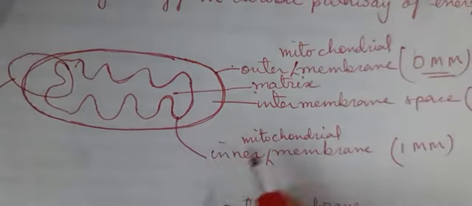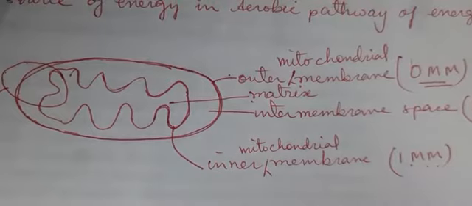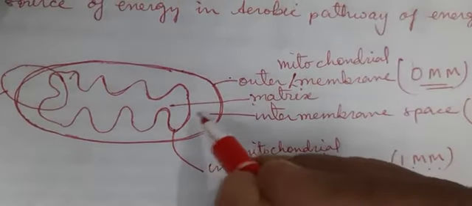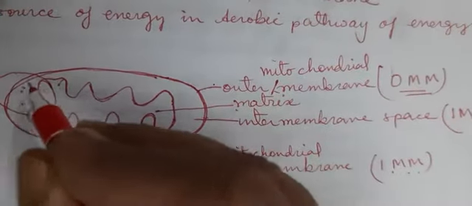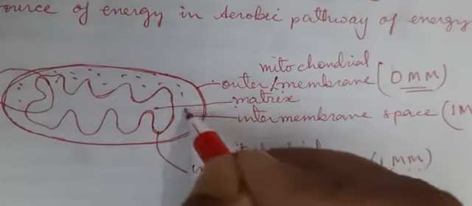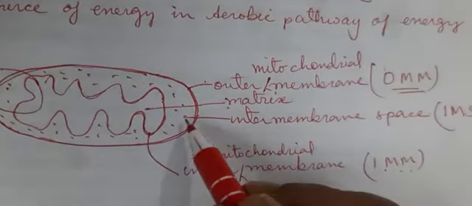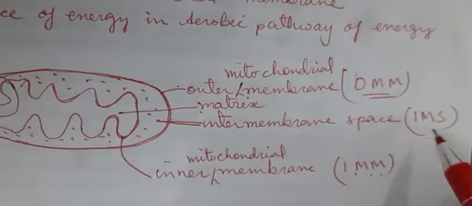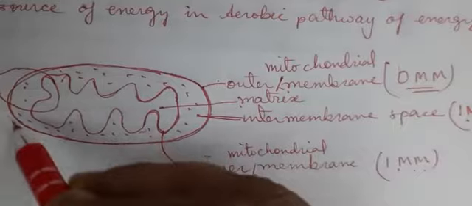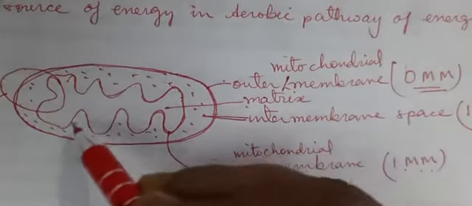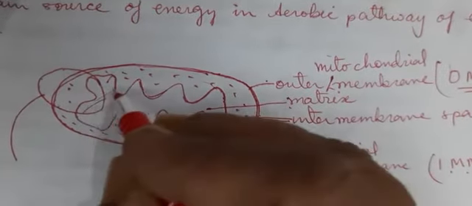This we will be labeling as the IMM. Then between these two, inner and outer membrane, there will be the space. This space is called the intermembrane space or IMS. And then this double layer membrane of mitochondria is enclosing a matrix.